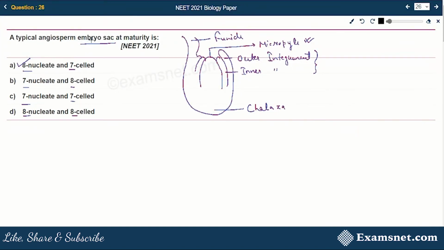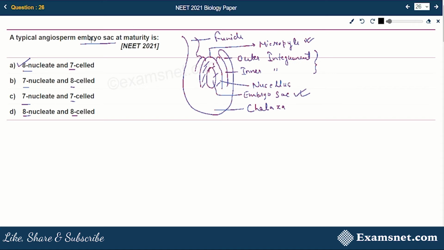Now, enclosed within these integuments is a special mass of cells known as nucellus, which is abundant in food reserve. Now, within this nucellus, you will find the female gametophyte, which is known as embryo sac. So now we know what is an embryo sac and where it is located, right?